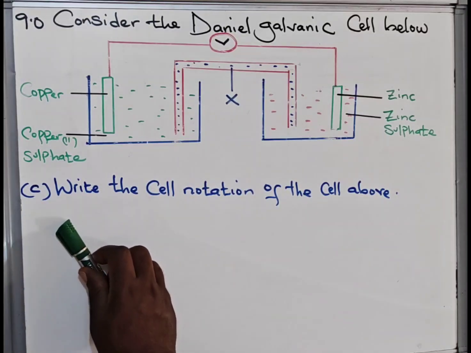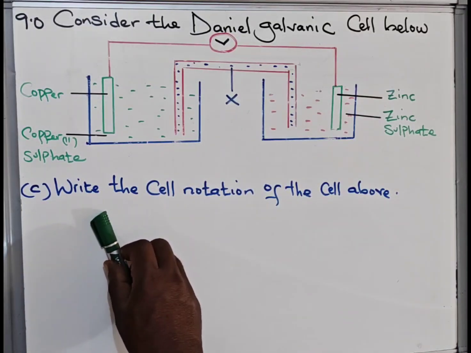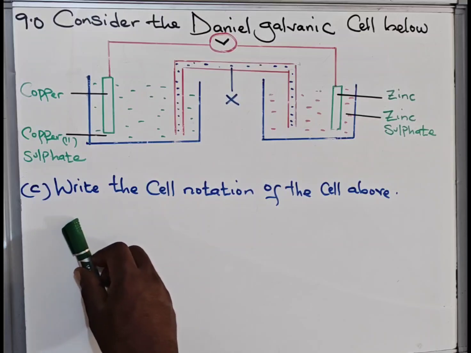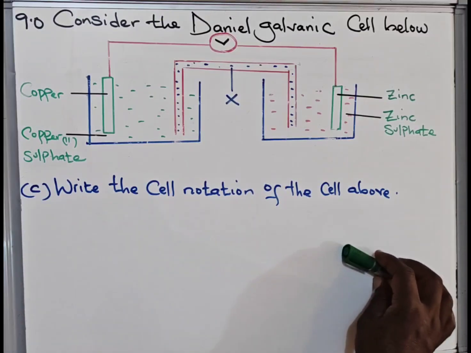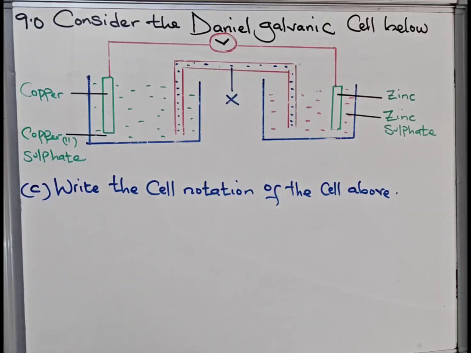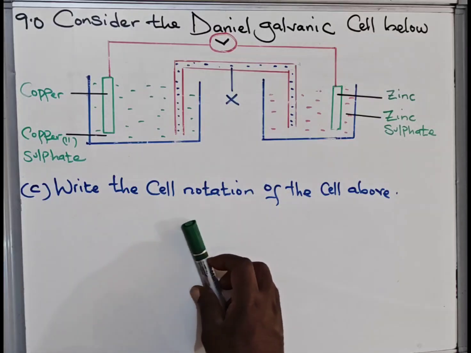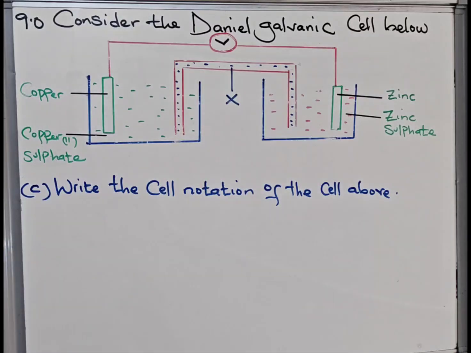Then we come to the next question. It says, write the cell notation of the cell above. What is a cell notation? Actually, a cell notation is a statement which shows the arrangement of the cell without the picture. So it shows you how the cell is typically arranged, but without drawing the picture.